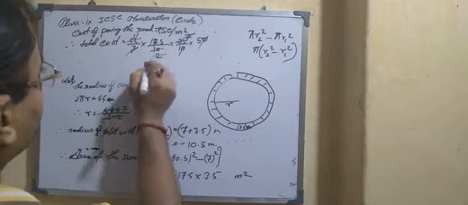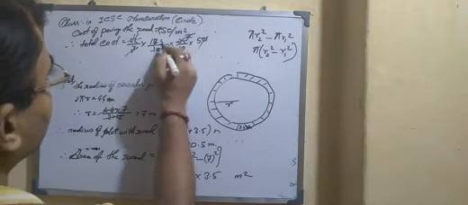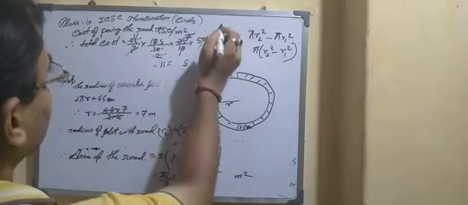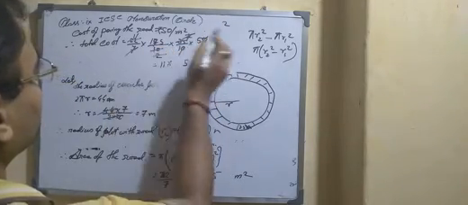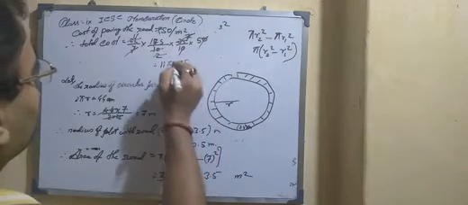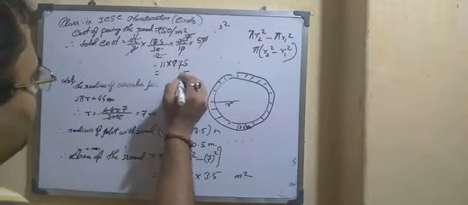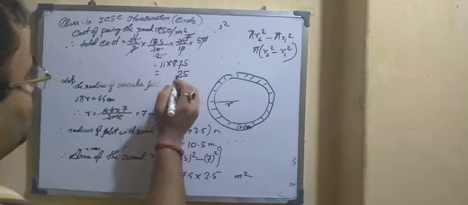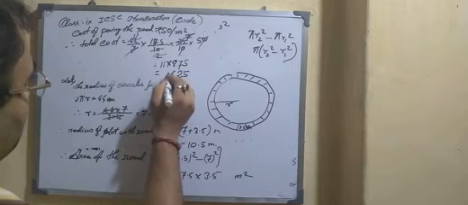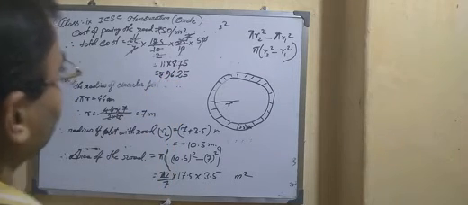Okay, so now 11 into 175 into 5. 11 into 175, that means 5 2, that will be the answer, 9625.